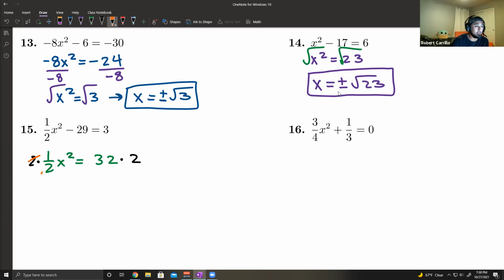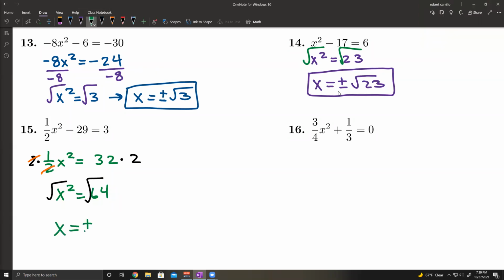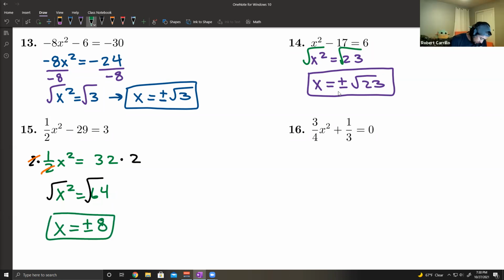And cancel, cancel. We have x squared equal to 64. Square root. What is the square root of 64? 8. Good, 8. Don't forget your plus or minus.